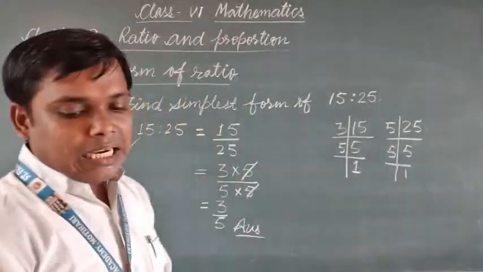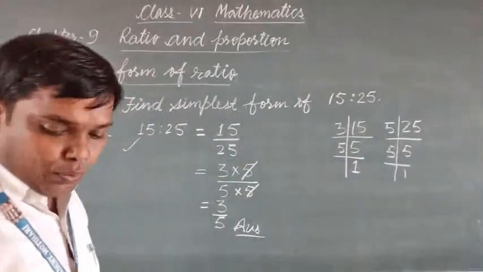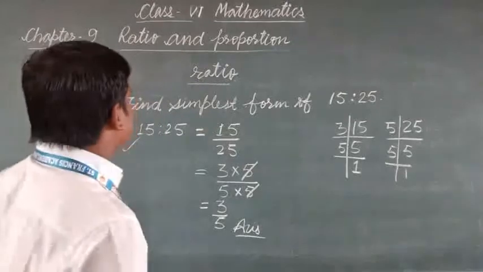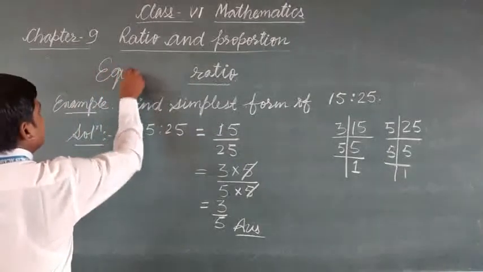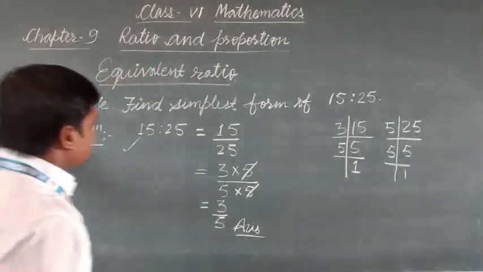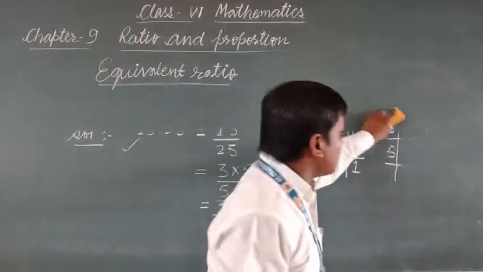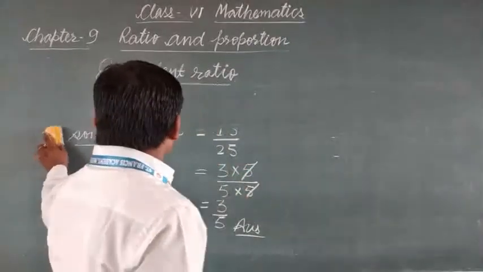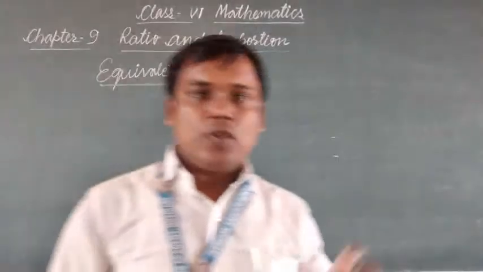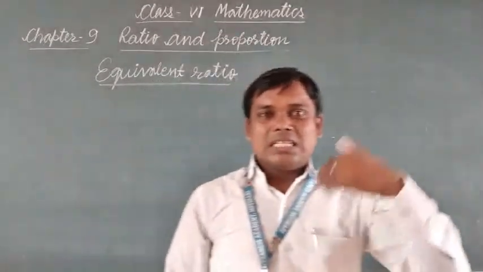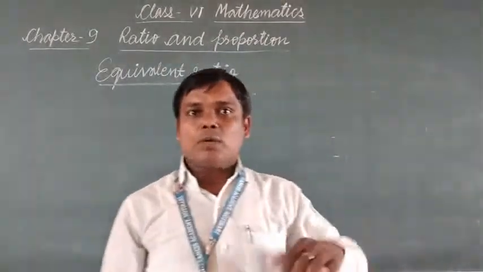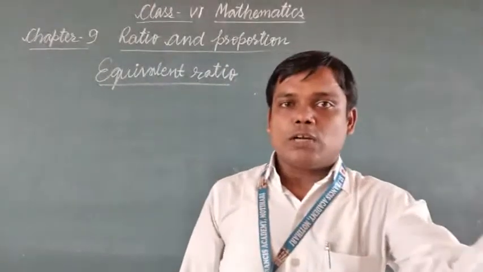Our next topic is equivalent ratio. Two ratios are said to be equivalent if the first term of the first ratio multiplied by the second term of the second ratio is equal to the second term of the first ratio multiplied by the first term of the second ratio.